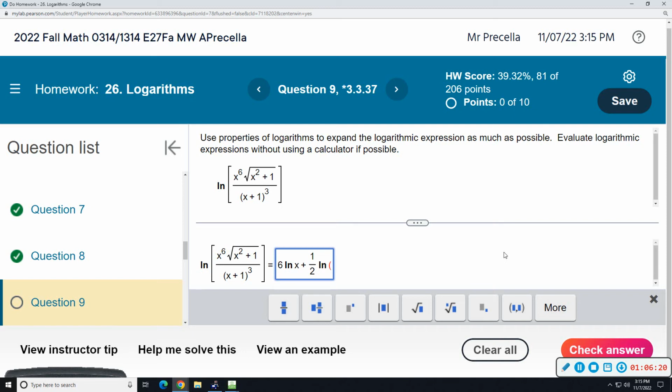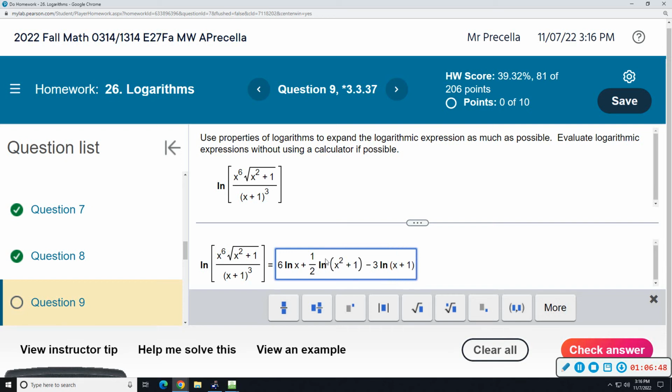You've got to write that x squared plus 1 in parentheses: x squared plus 1, close parentheses, and then minus 3 ln, parentheses x plus 1.